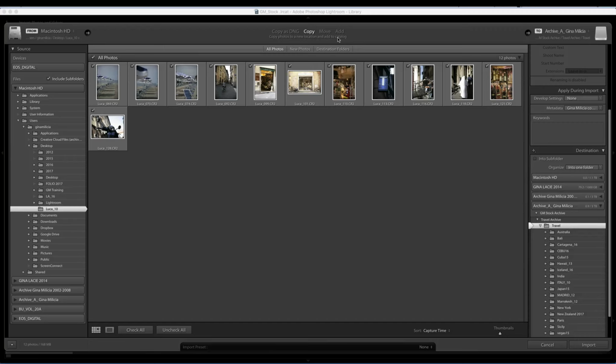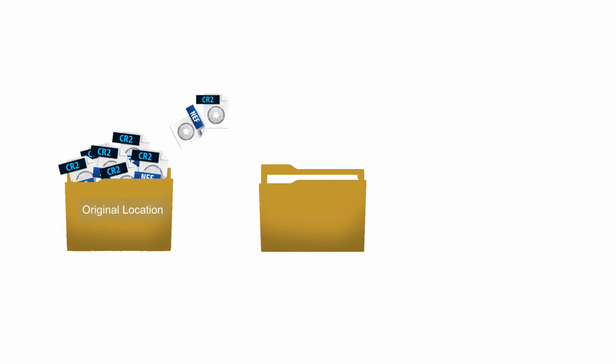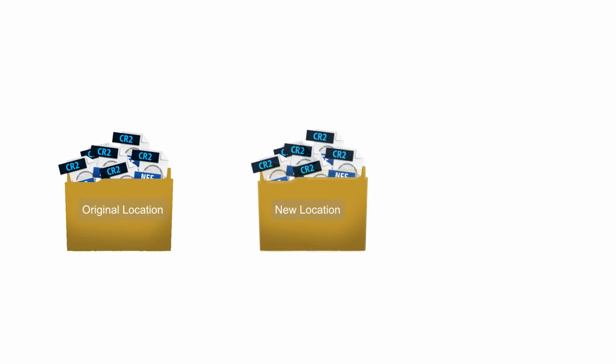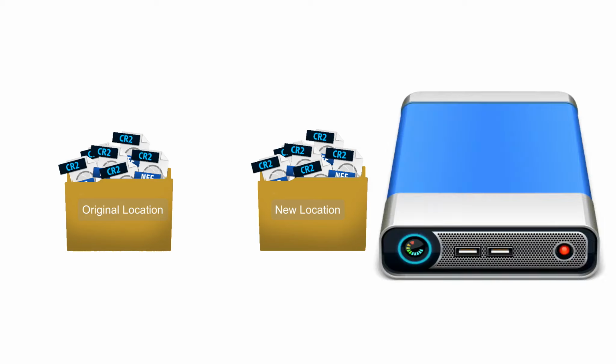So what that does is it will take the images from the desktop and copy them across to the new location and add them to the catalog. Now, new location, I need to tell Lightroom what that new location is, which I've already done. So it's going to copy these onto my external hard drive.